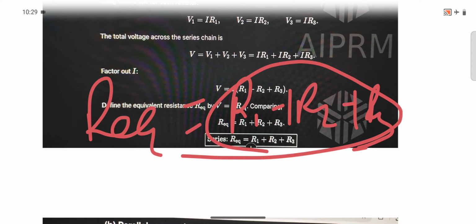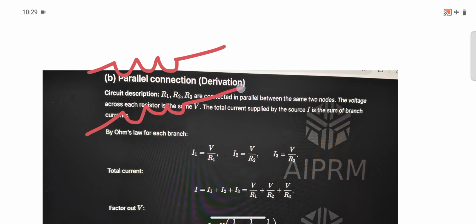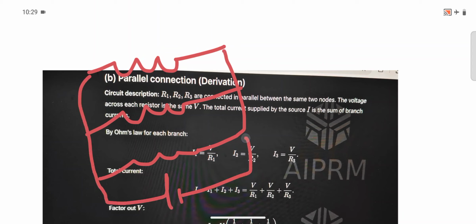Now we are going to derive the formula for equivalent resistance when resistors are connected in parallel. First I will show you the diagram in parallel. This is potential difference V, R1, R2, R3.